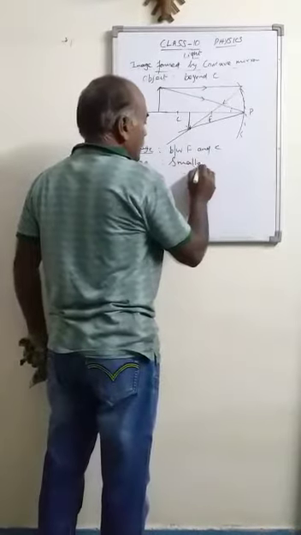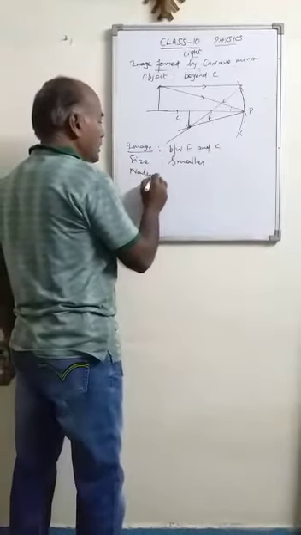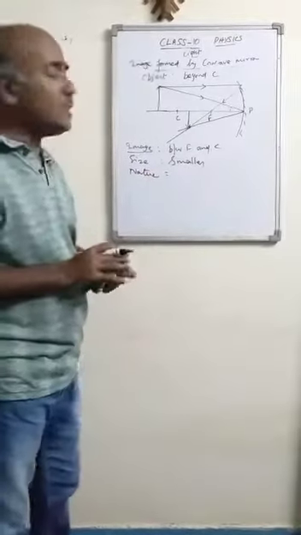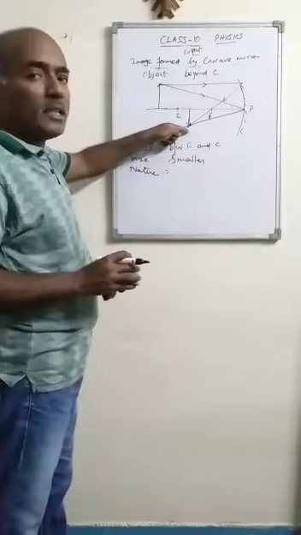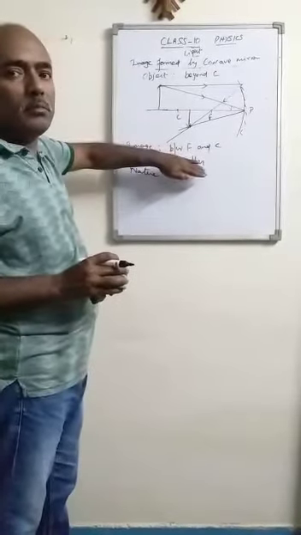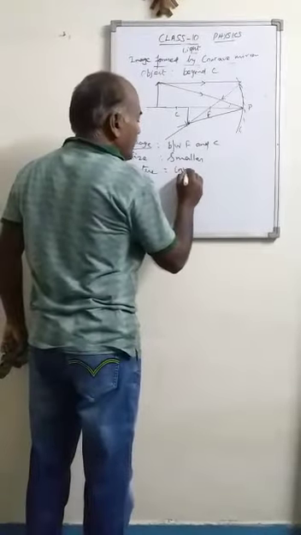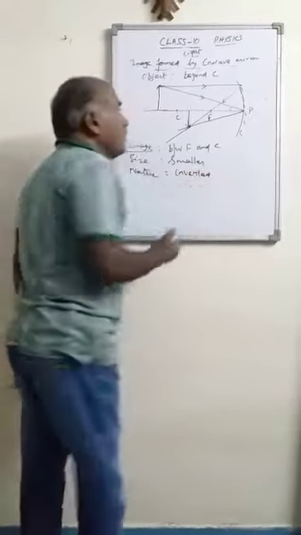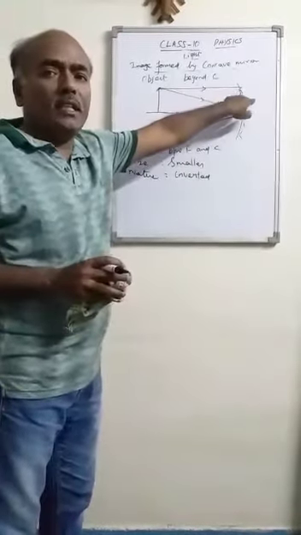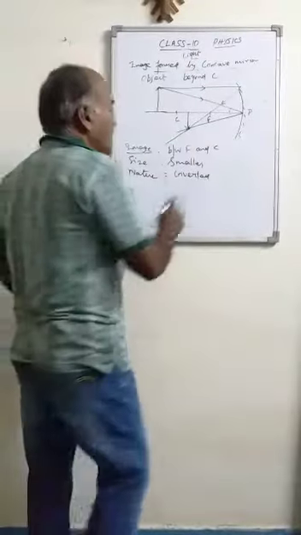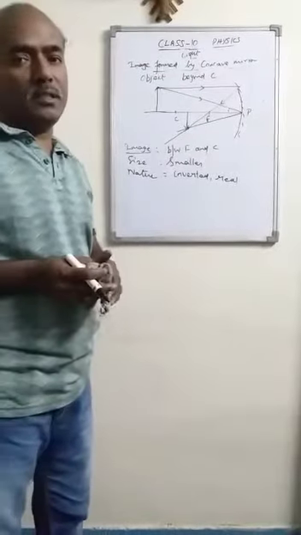The nature of the image: you see the top and bottom. Here the top comes to the bottom part, so it is inverted. Again, whether the image is real or virtual: here all the light rays are traveling and actually meeting at this point. So it is real. So this is how the image is formed.